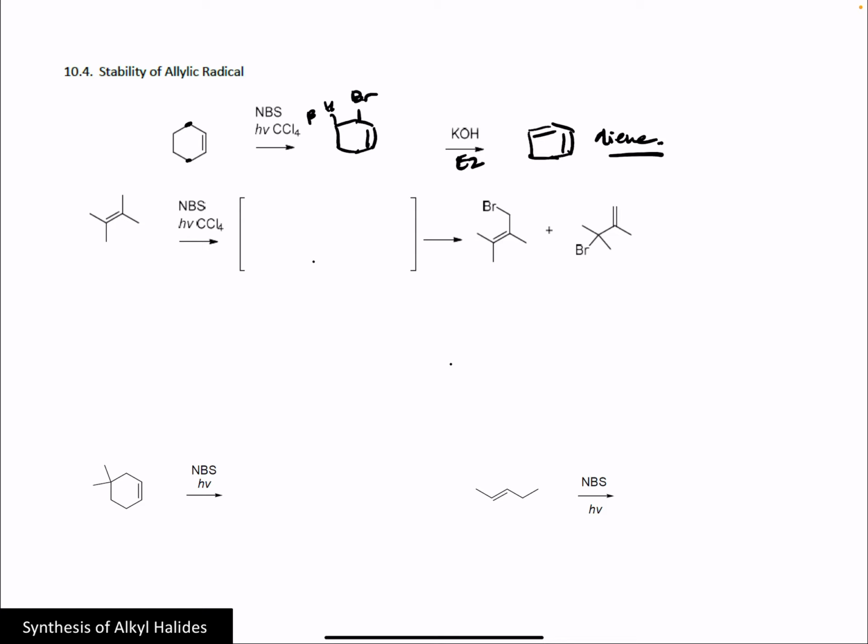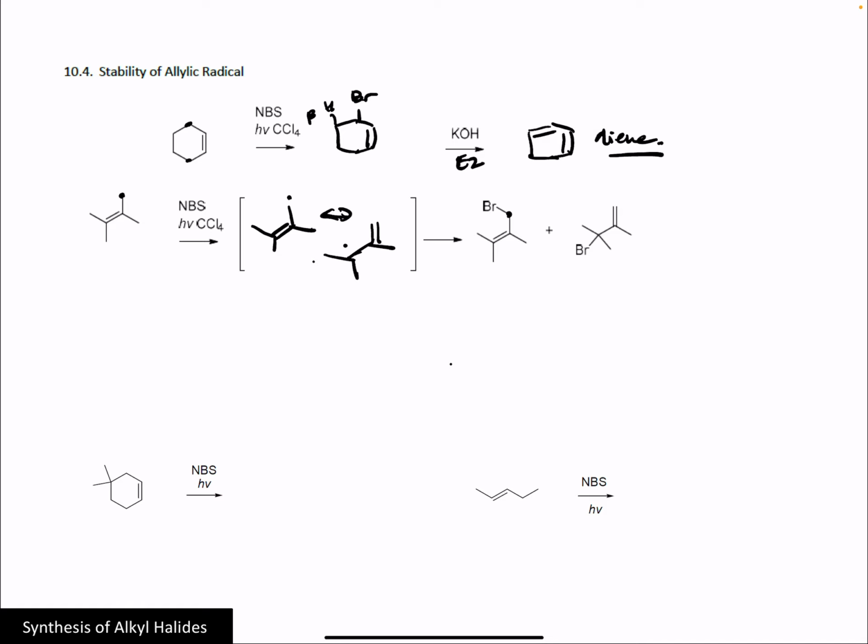Here's another example. In this case, NBS in this alkene, I've got this allyl position. So this makes sense, but we also have this. We get a mixture of products in this case. Why is this? Obviously, it's because of the resonance. If I make this radical to begin with, that's resonance stabilized by this radical.